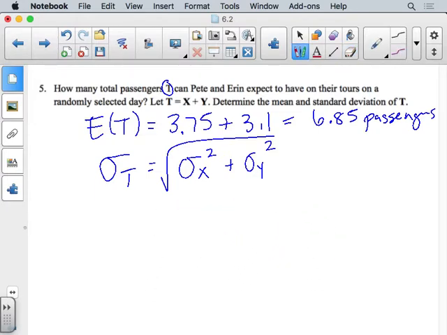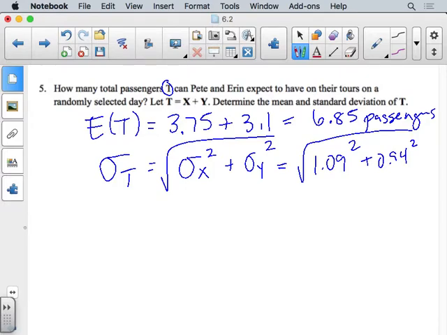So what we're going to do is take our number, which I think was like 1.09. You have to square it plus 0.94 squared, and then do the square root of that to get your new standard deviation. So what this is, is the spread of Pete plus the spread of Aaron kind of get globbed together into this new spread together.